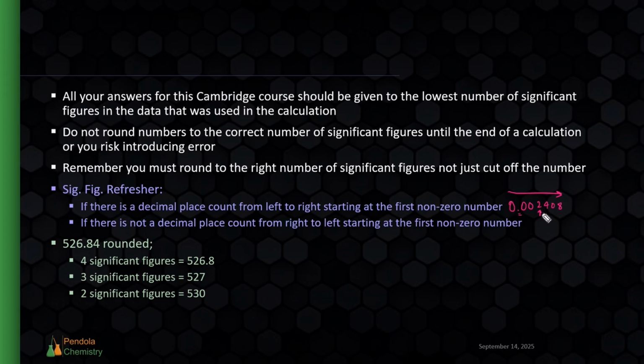In this case, the first non-zero number is 2. So 2, 4, 0, and 8 are the significant figures. This number has 4 significant figures.